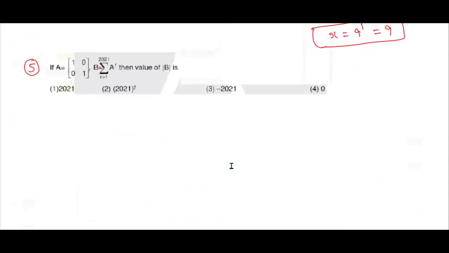This is a matrices related problem. Already we did one problem that is determinant related. See here, capital A is given 1 0 0 1. That is identity matrix, or not? I. And B is given, B is equal to sigma r is equal to 1 to 2021 A power r.